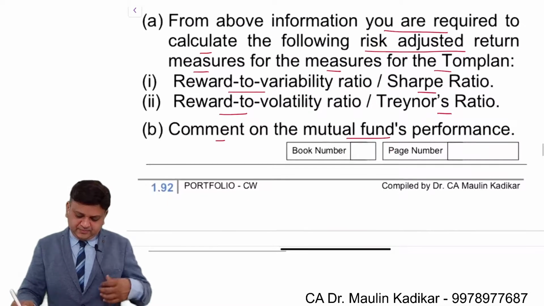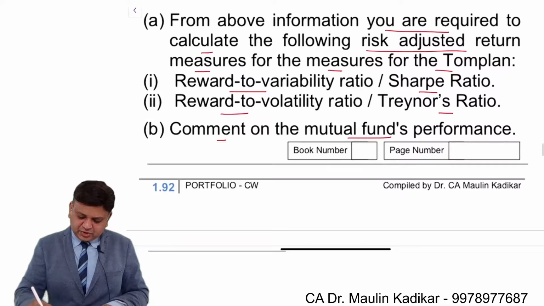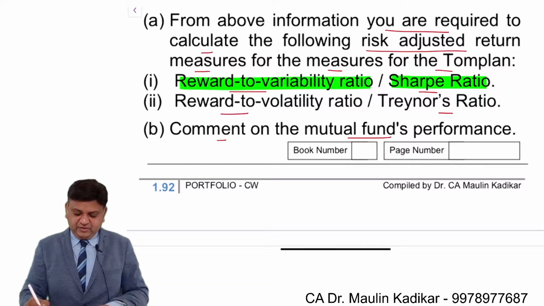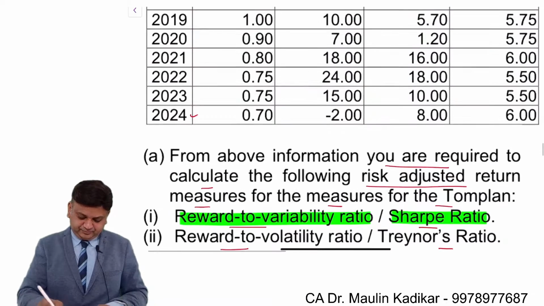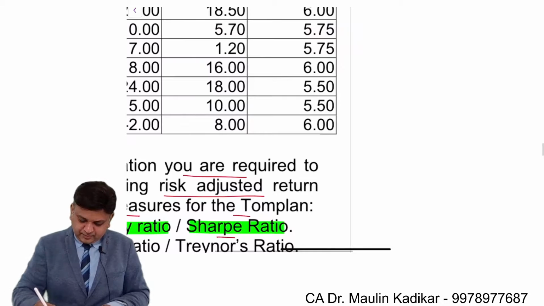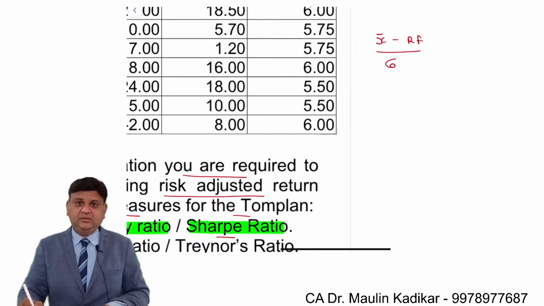So friends, in order to calculate the Sharpe ratio, the reward-to-variability ratio, we will make the calculation like this. It is X bar minus RF divided by standard deviation.